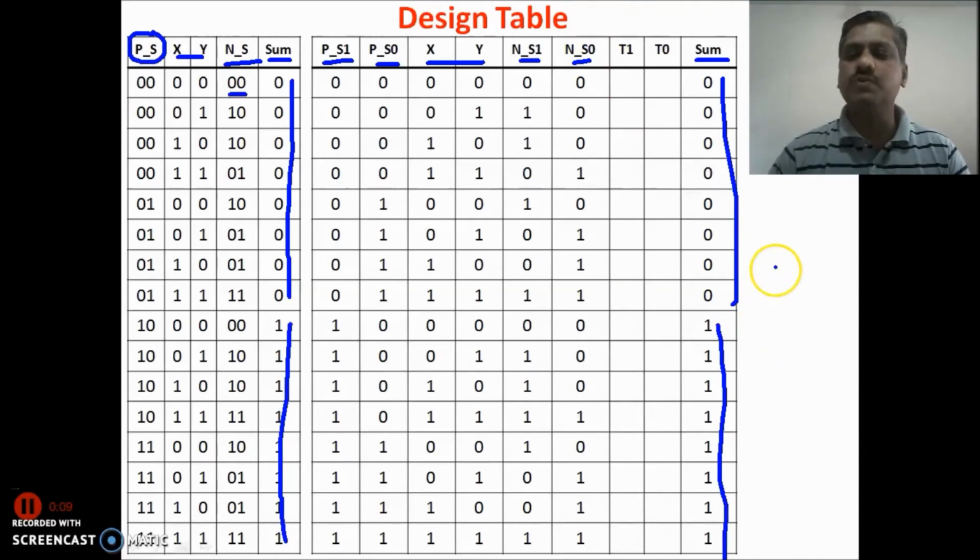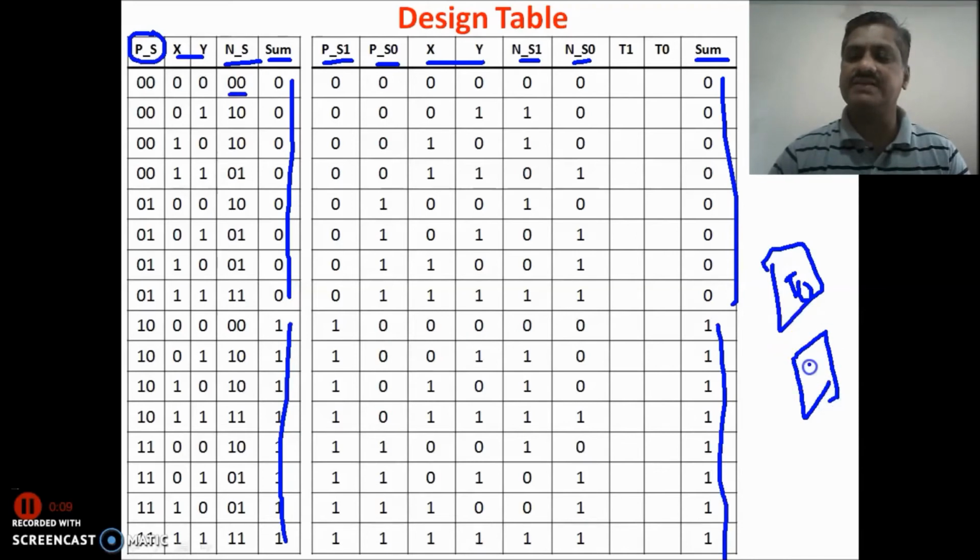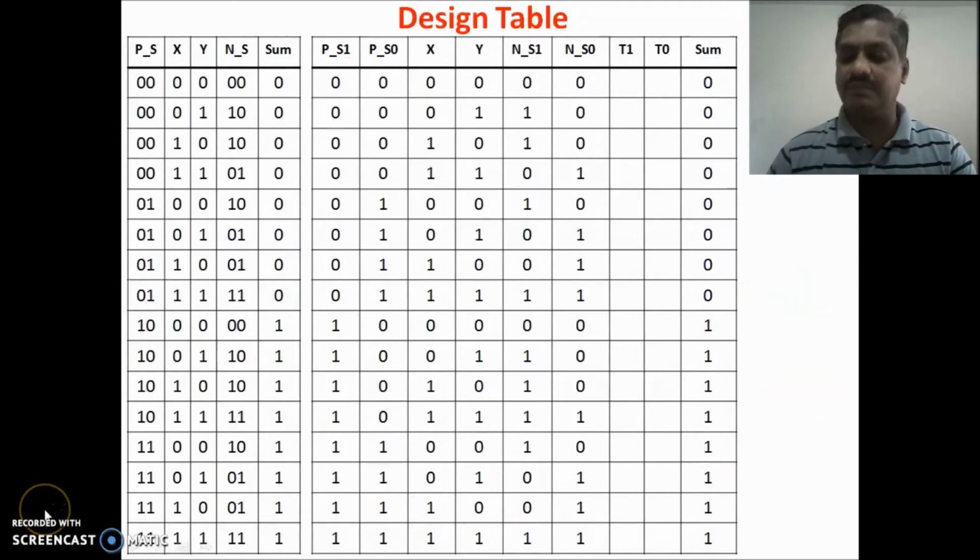For these 2 flip-flops, the first I have named T0, since we are using a T flip-flop, and the second I have named T1. Now we will find the input applied to the T0 flip-flop and the input applied to the T1 flip-flop. For that, we will use the excitation table of the T flip-flop again.